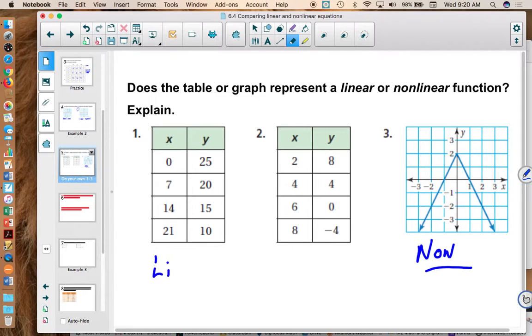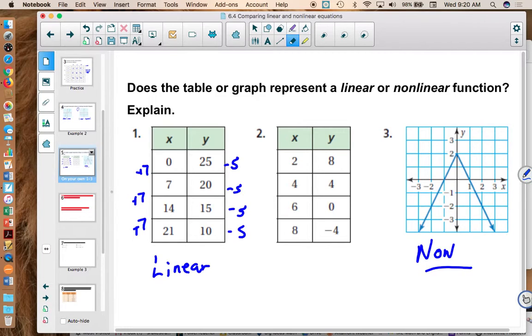How do you know that, Glenn? Because the rate of change on the y is subtracting 5 every time. What about the x? Plus 8. Good.